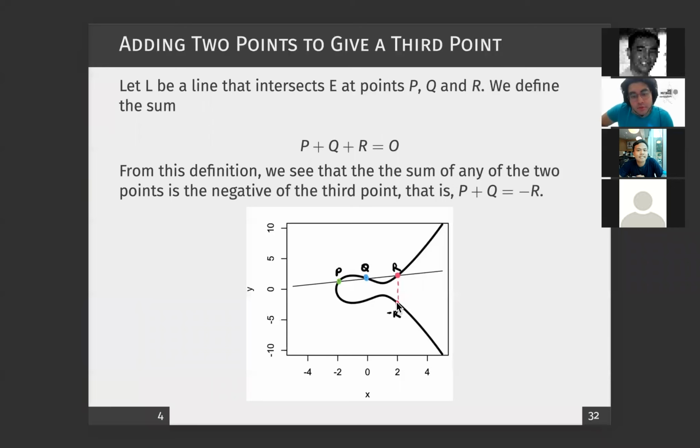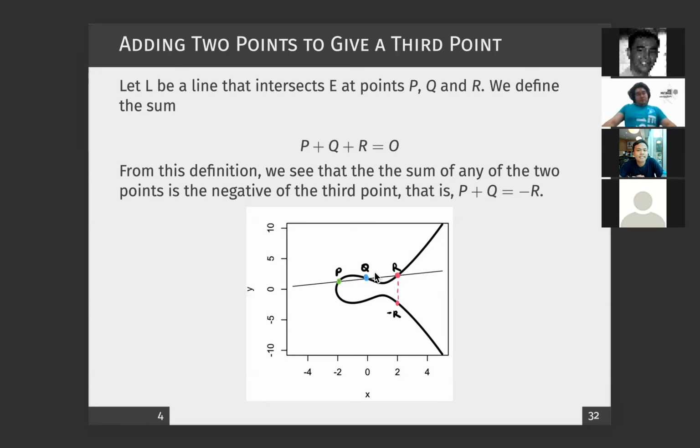The third point is defined to be the mirror image of the point R that is collinear with this line here. So you have a line that intersects your elliptic curve in 3 points.